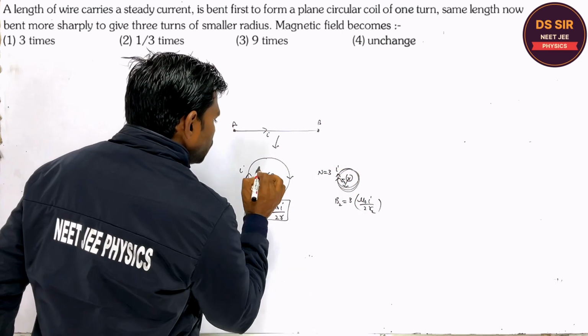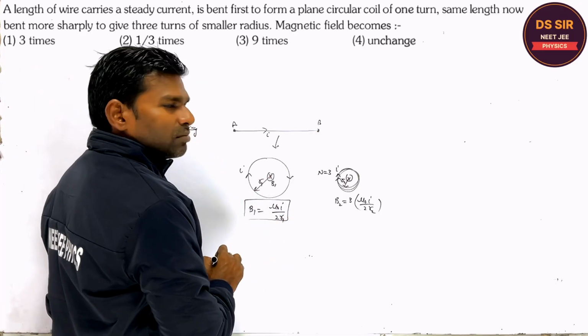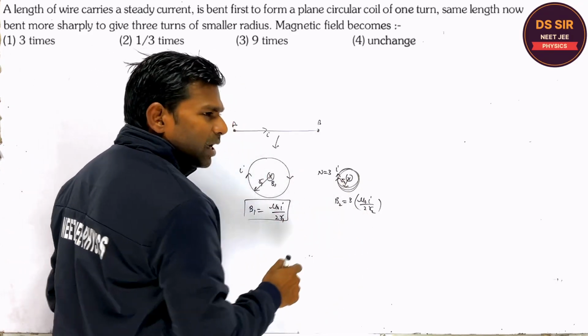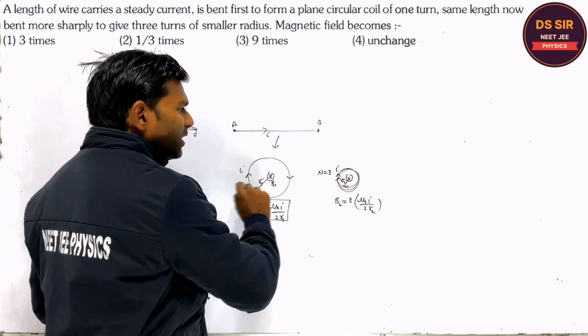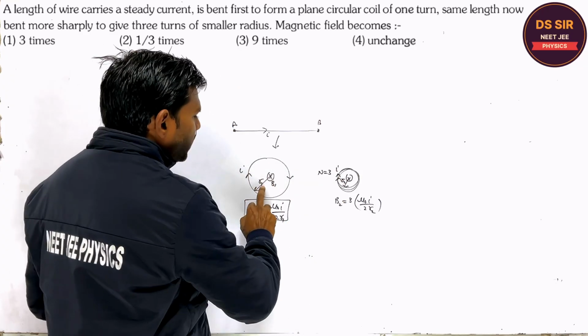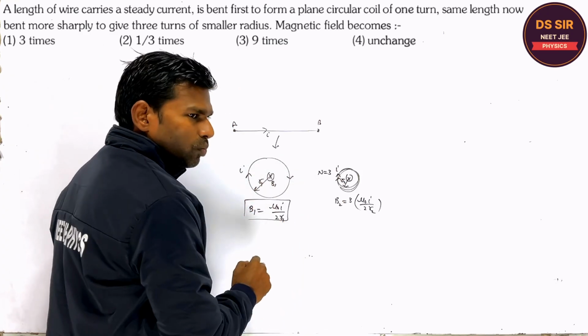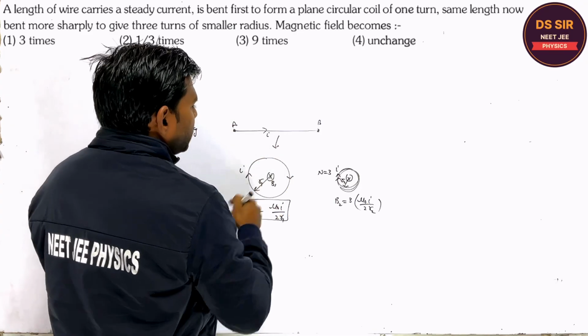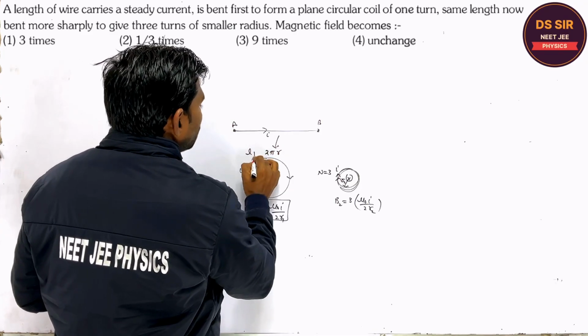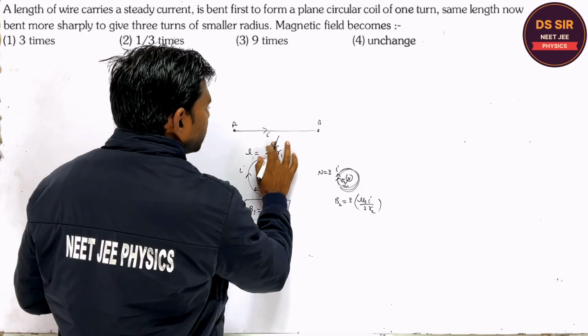So if you assume the radius is R1 in the first case, in this case the radius will be R2, which will be less than R1. What is the relation between R1 and R2? Suppose this is the length. The length of the wire is nothing but 2 pi R1, right?